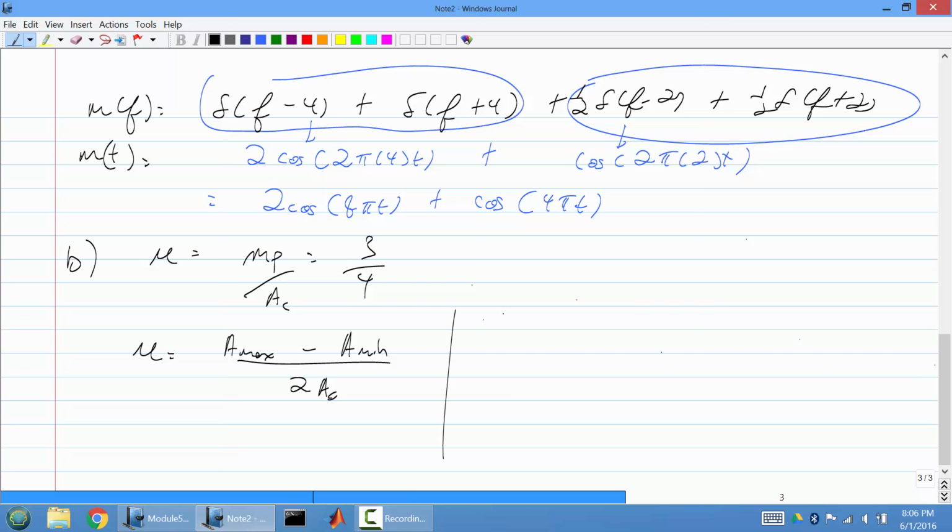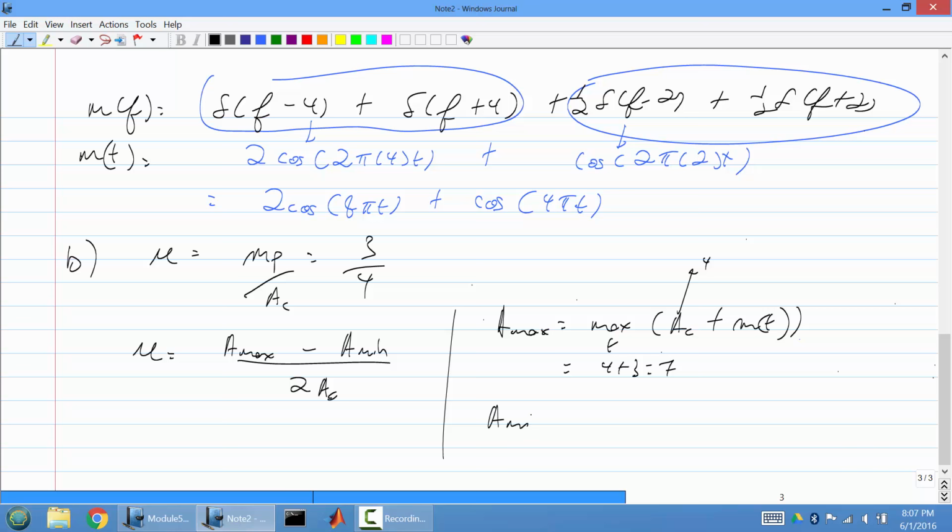So A max is equal to the max of A_C plus m of t. What we're doing here is, when we add the carrier on top, what will be the largest value that we get? The carrier is 4, and the largest value of the message we're ever going to get is 3, so we get 4 plus 3, which is 7.